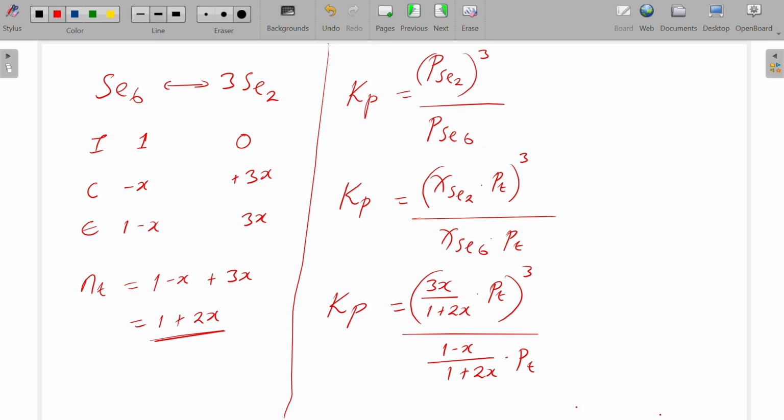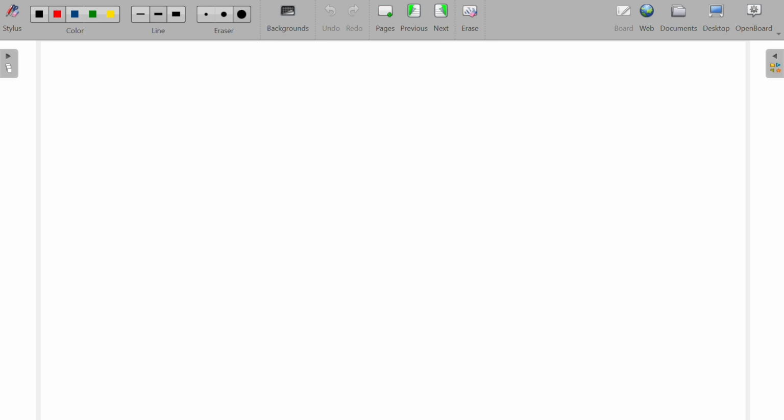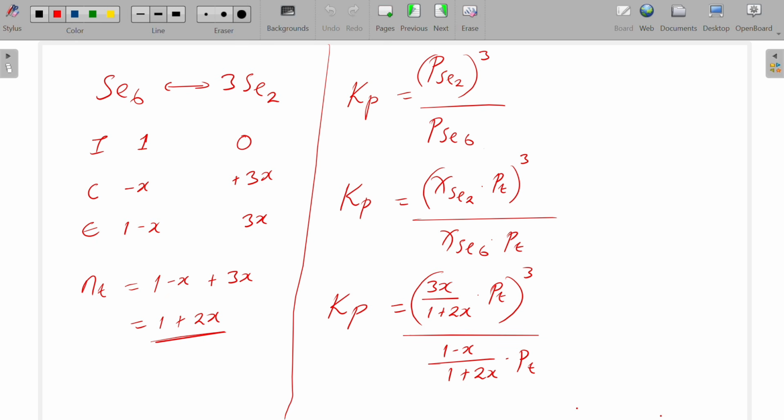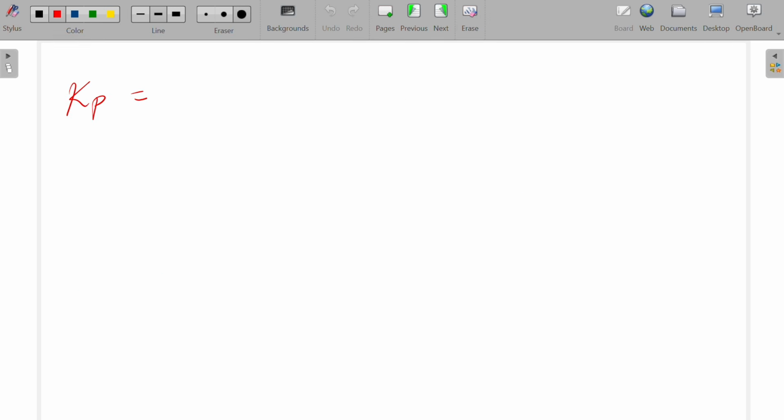So now our Kp is equal to, when we do our replacement, where there is x here, you're going to replace it with the dissociation value that we found. So when you do that, 1 minus x is going to give you an amount, and 3x will also give you an amount.